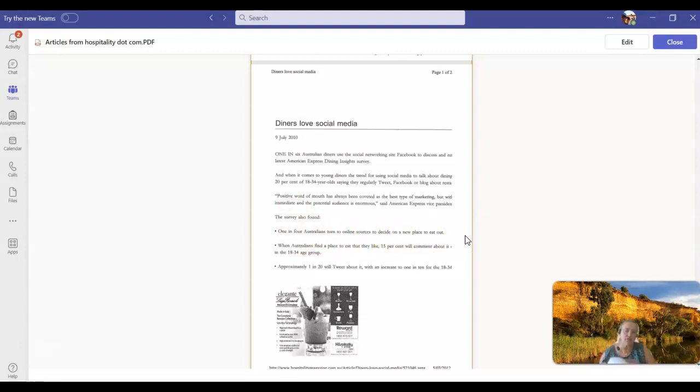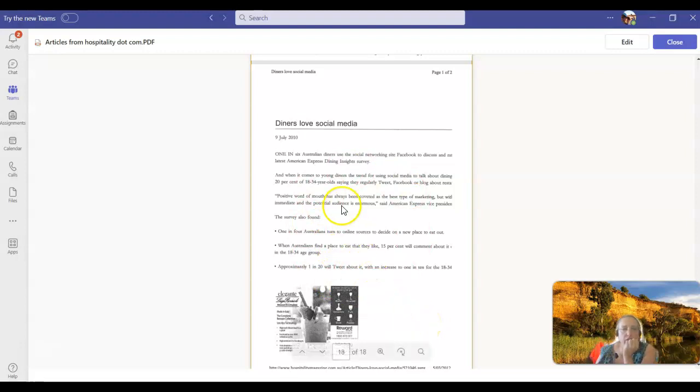As I said, I'm sure that those figures these days are even higher if you have a look through Instagram feeds of your friends, Facebook feeds, Twitter feeds. You will find that food and hospitality businesses are a very large part of that.